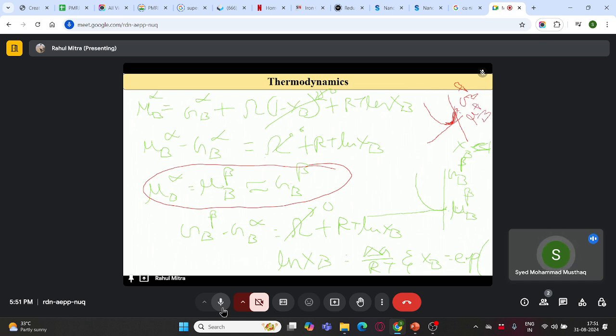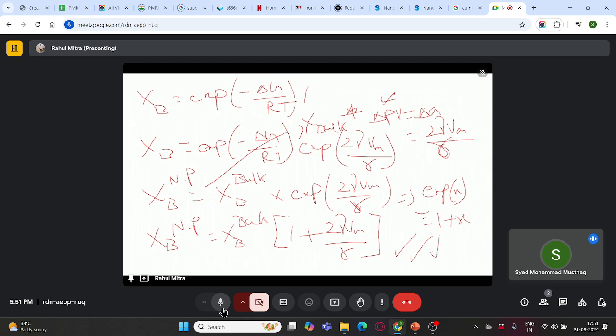There is some difference, but as we are assuming very little solid solubility, we approximate these two terms as equal. From there we arrive at this equation, showing how the mole fraction, the solid solubility, changes with respect to R.